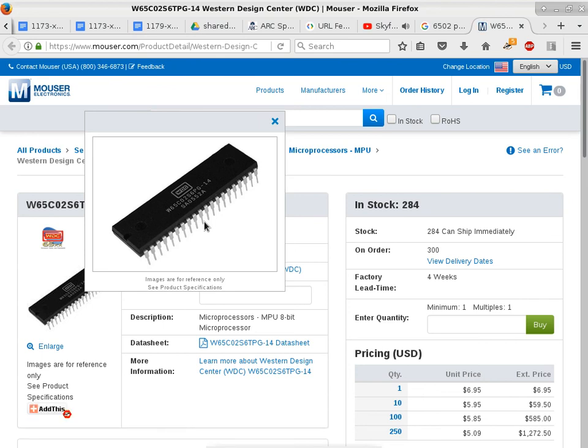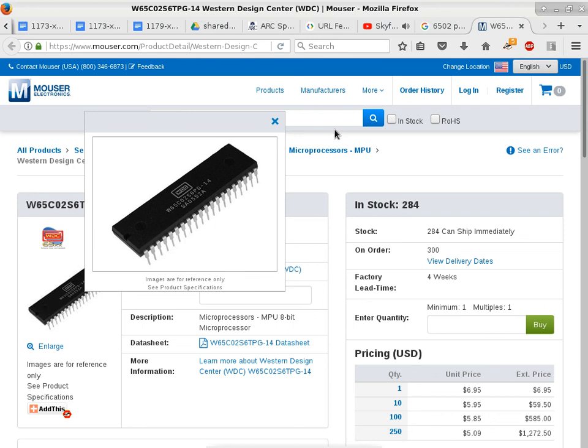So that's 1/10 of an inch. If you count the number of pins minus 1, that will be kind of the length of the chip itself. So we count 1, 2, 3, 4, 5, 6, 7, 8, 9, 10. So this chip is about 2 inches long by maybe about 0.3 to 0.4 inches wide. That's pretty big as a package.